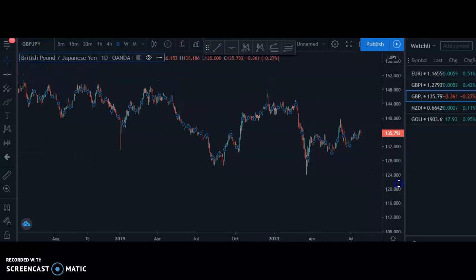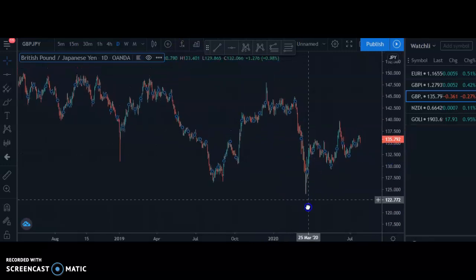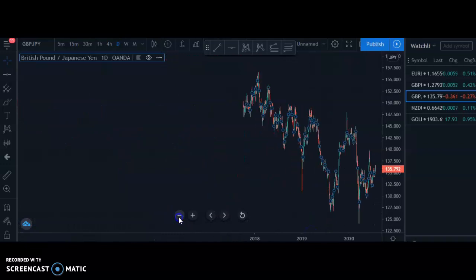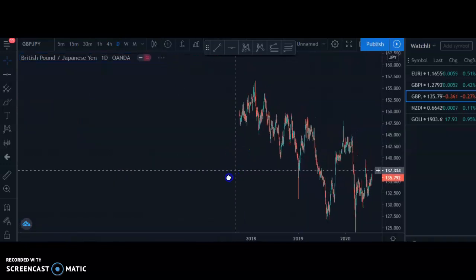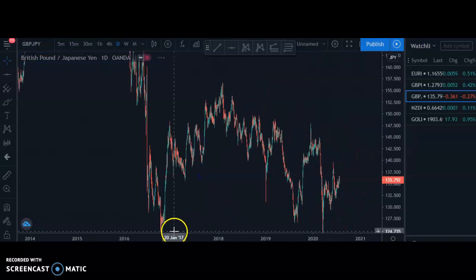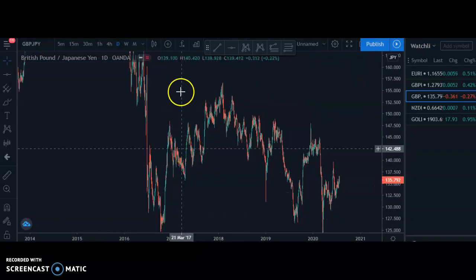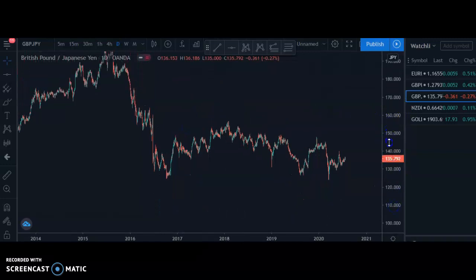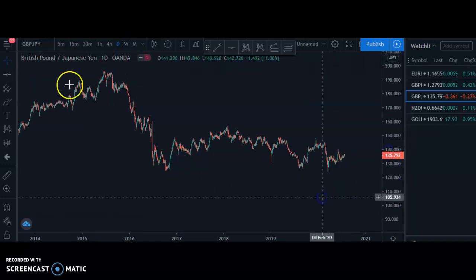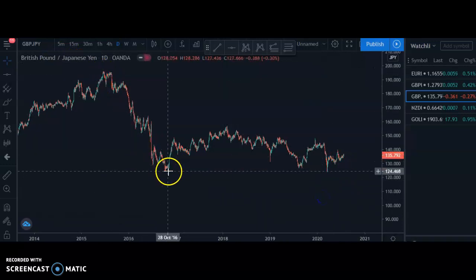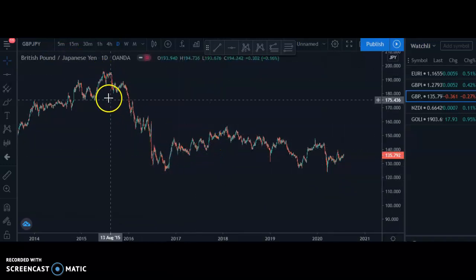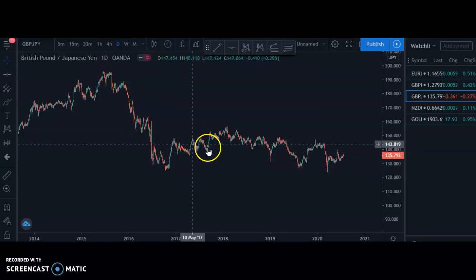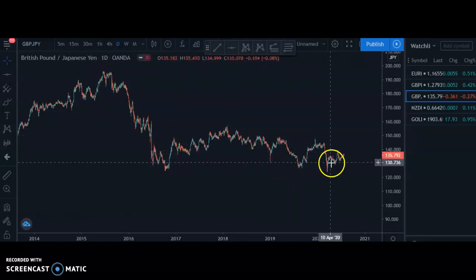If we see the general trend of the market, just the general trend, this market has been on a downtrend because we had this impulse, but now we are in a form of consolidation.